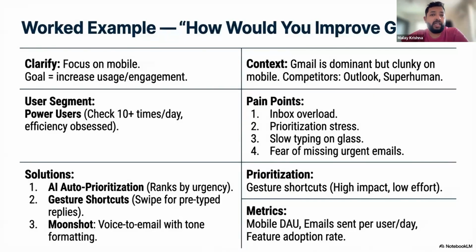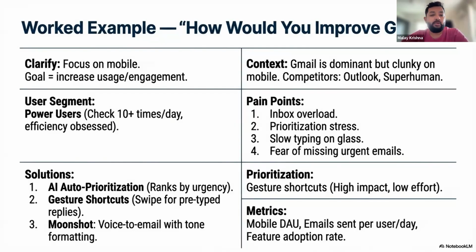Now when I prioritize, I have prioritized it once again based on the DAU on mobile, the average email sent per day, and the feature adoption for the gesture shortcuts. And then of course, once you look at it, you get to give some metrics. So in the metrics, again, you give metrics that are related to first the product, which is DAU on mobile.